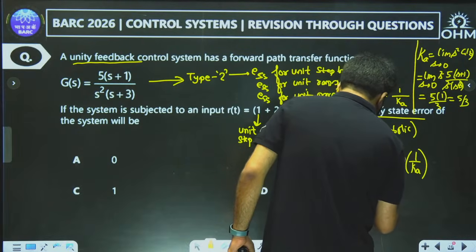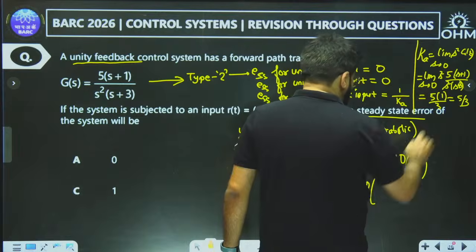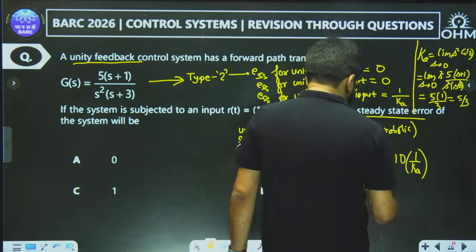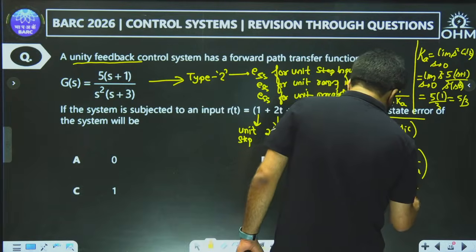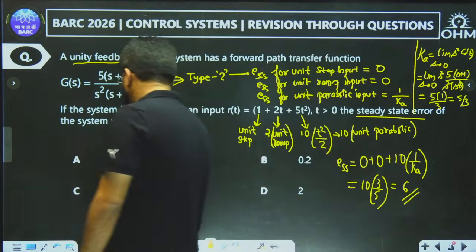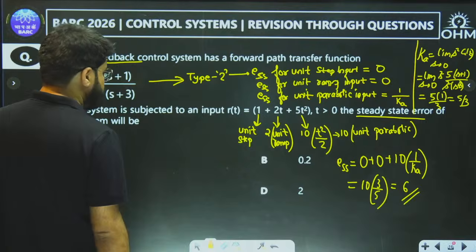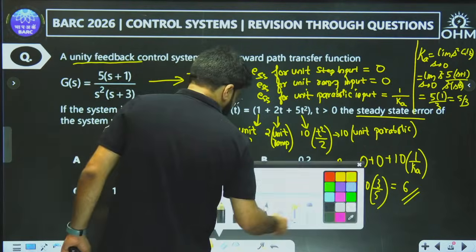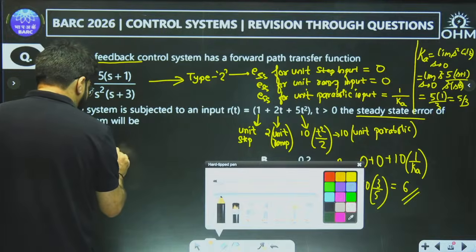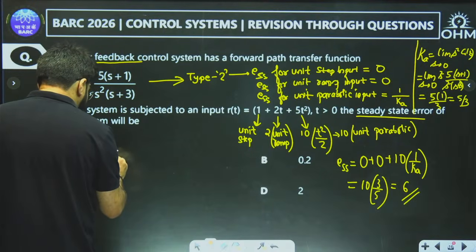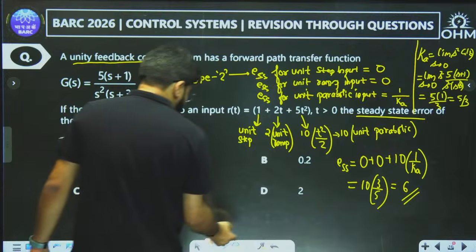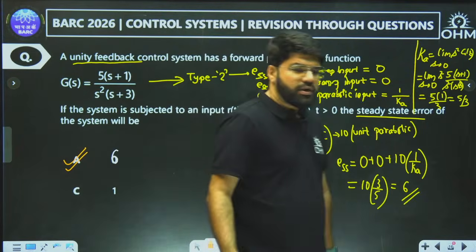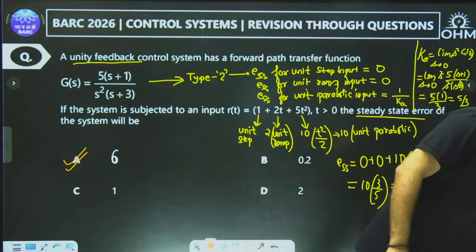Now the reciprocal of Ka will be 3 by 5, as Ka was 5 by 3. The answer is 6. Answer is 100% 6. I think there is some typo or something. I'll correct this and make the answer 6. The correct answer is option A.